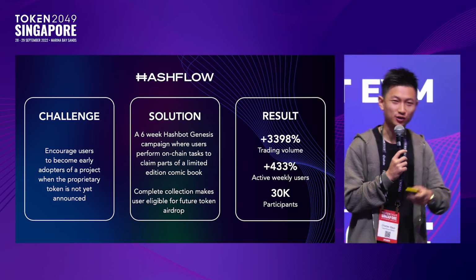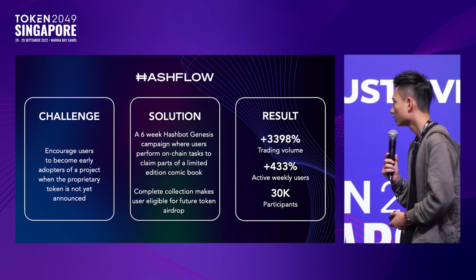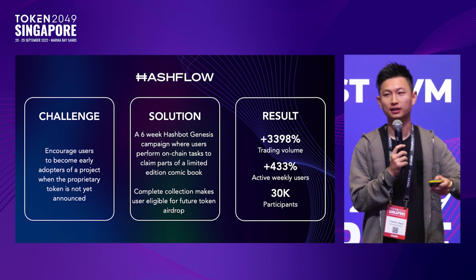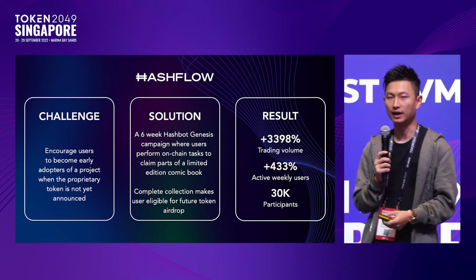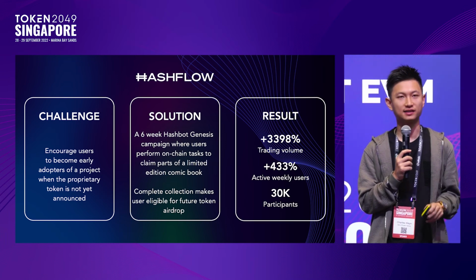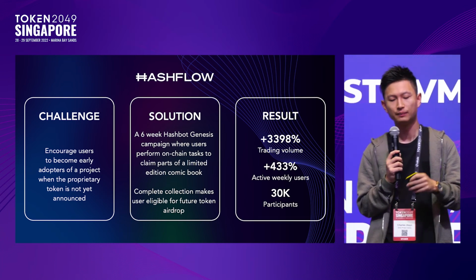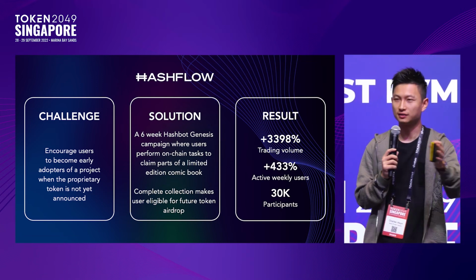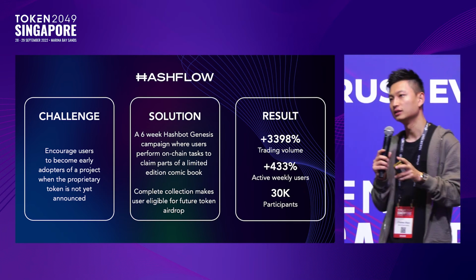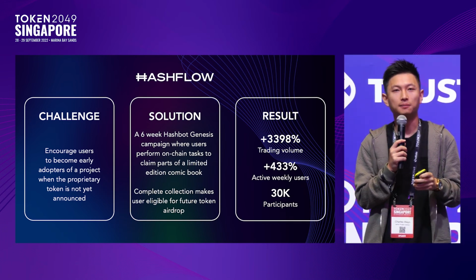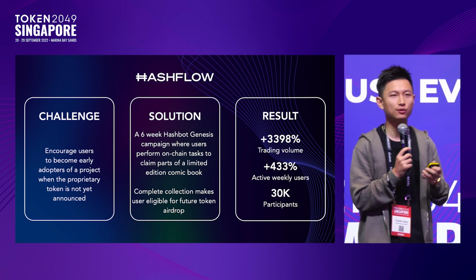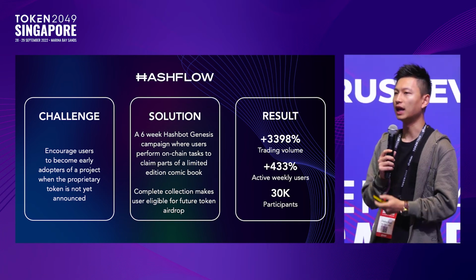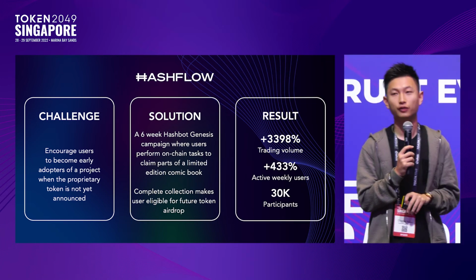Basically, if you swap, if you farm or stake, and also if you participate in the governance, they define those tasks as credentials, and then they have different NFTs in the Hashbot theme, connected together, and it turns out it works very well. That was the first viral campaign we had. The community loves it, and everybody loves the idea. The result was very impressive.